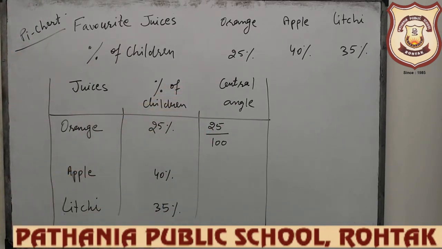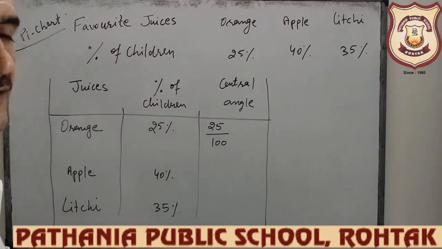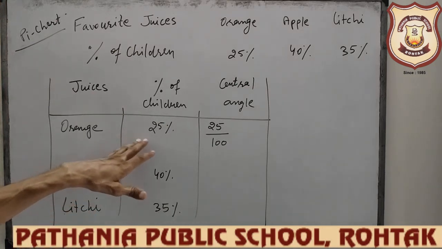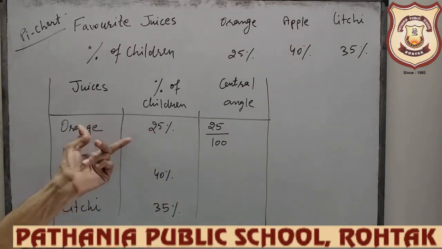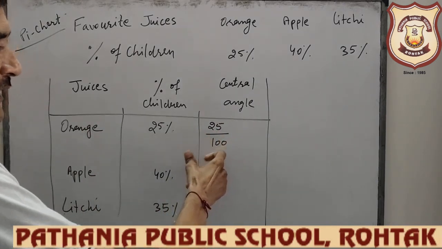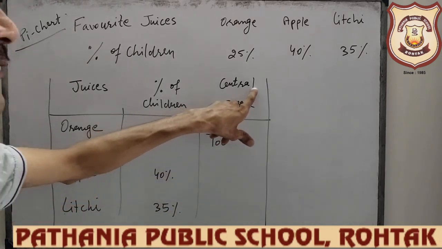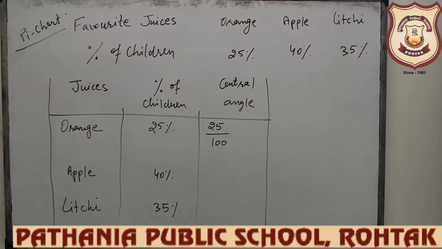And if the total number of children is given, then write it in the denominator. Suppose that out of 700 children, 125 like orange juice, then you should write 125 by 700. The total number of students should be in the denominator whenever we calculate the central angle.